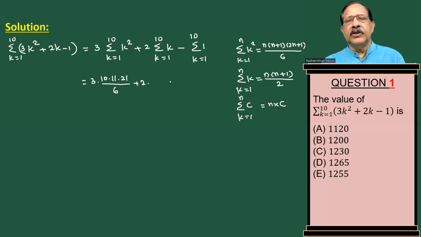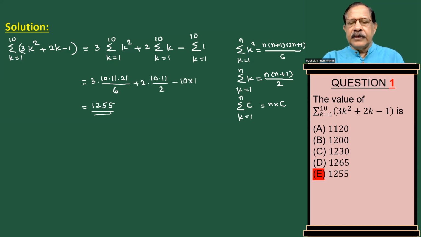Put n equal to 10, we are getting 10 into 11 divided by 2, minus n into c, that means 10 into 1, where c is equal to 1, the constant term. You simplify this, then you will be getting 1255. So the answer for this question is 1255. That's option E.